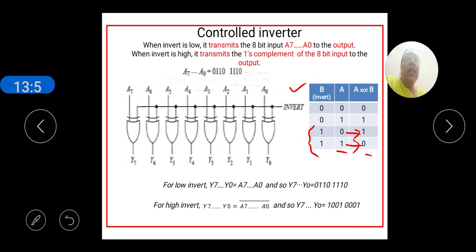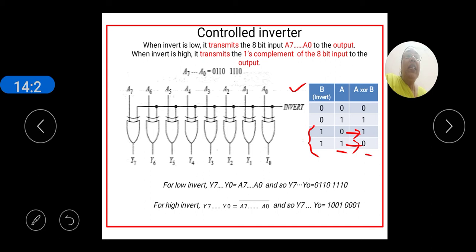So here we are using 8 exclusive OR gates because we want to find the complement of an 8-bit number A. A has 8 bits from A0 to A7, as A0, A1, A2, A3, A4, A5, A6 and A7. So A is an 8-bit number.